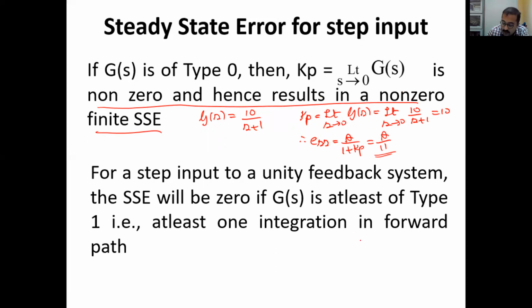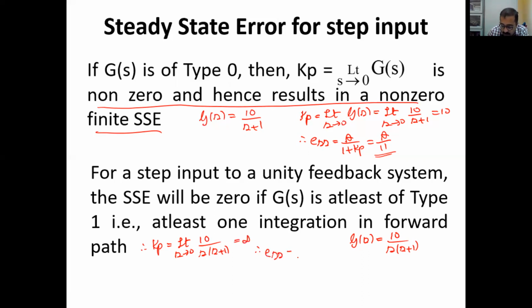Now suppose G of S is type 1, 10 divided by S into S plus 1. What's the type number here? Now it is 1 and the order is 2. So what will be Kp? Kp will be limit S tends to 0, G of S, that means 10 divided by S into S plus 1. As S tends to 0, this becomes 10 by 0, which is nothing but infinity. So what will be my steady state error?